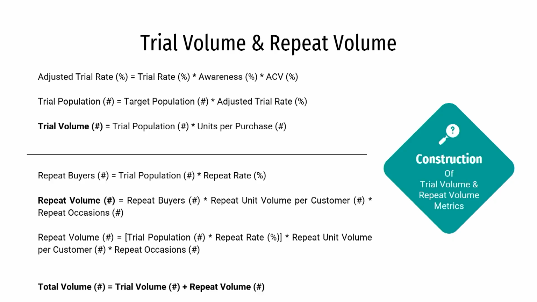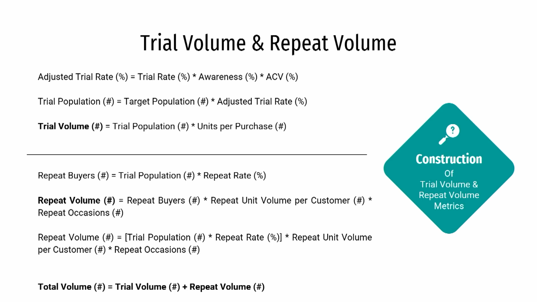Adjusted trial rate equals trial rate multiplied by awareness level. Awareness level means that in the target market, all the customers may not be aware of your brand. So, rather than taking all the customers in our accounting, we try to capture the data of those who are becoming aware of the product. Unless an awareness level is developed, the target market is not going to purchase the product.